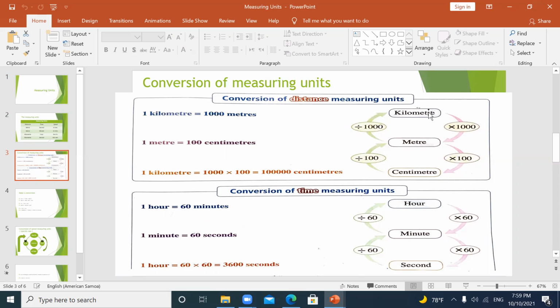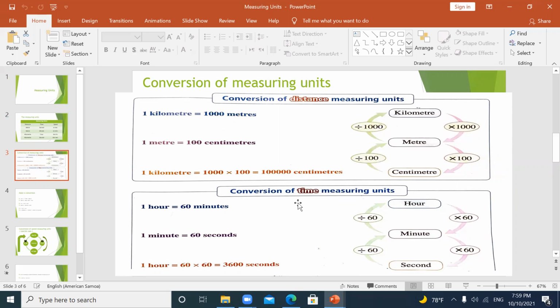But from kilometer to meter, we will multiply by 1,000. Same here, from meter to centimeter, we will multiply by 100, and from centimeter to meter, we will divide by 100. So from the bigger unit to the smaller one, usually you multiply, and from the small unit to the bigger one, usually you divide.